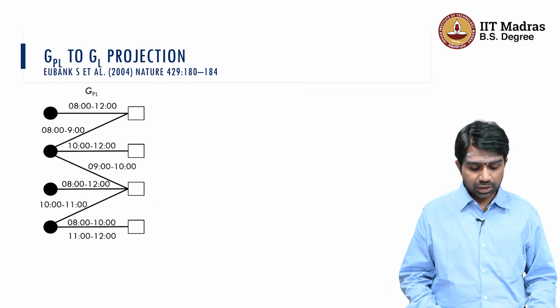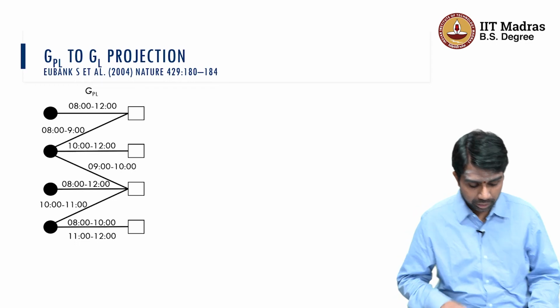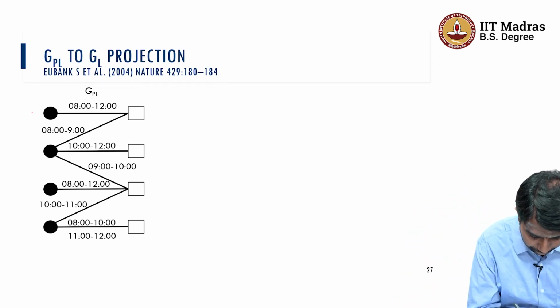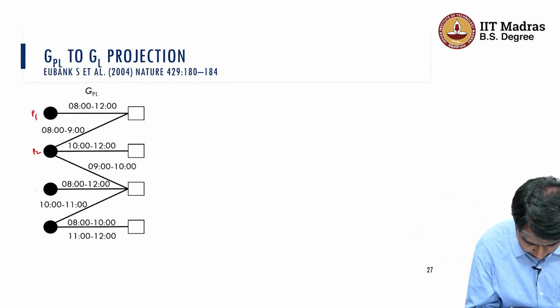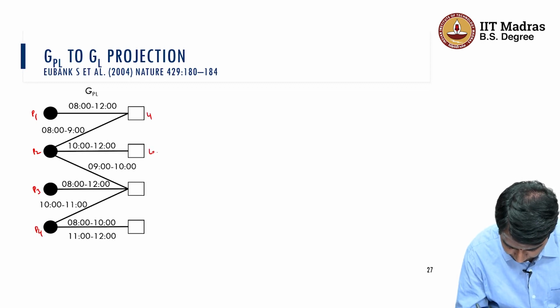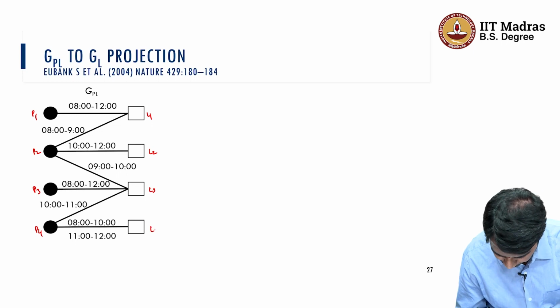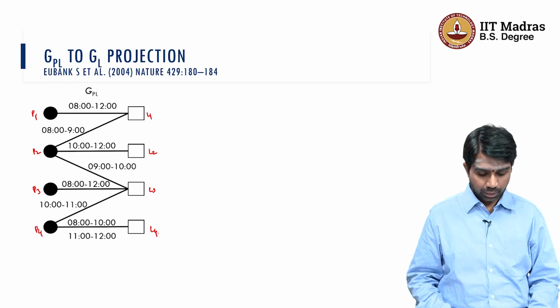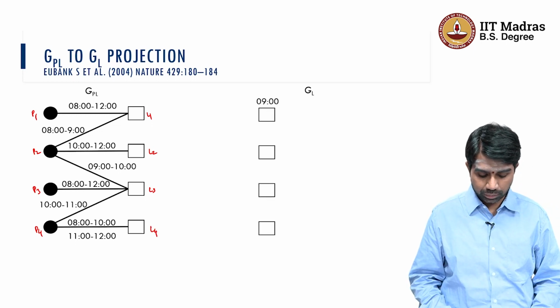You can also make a GPL to GL projection, wherein again you have, let us label them, P1, P2, P3, P4, L1, L2, L3, L4, and what you have is at 9 o'clock there are people from location 1 who go to location 3.